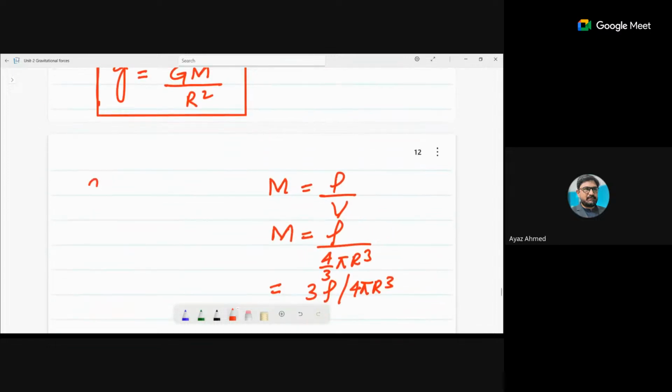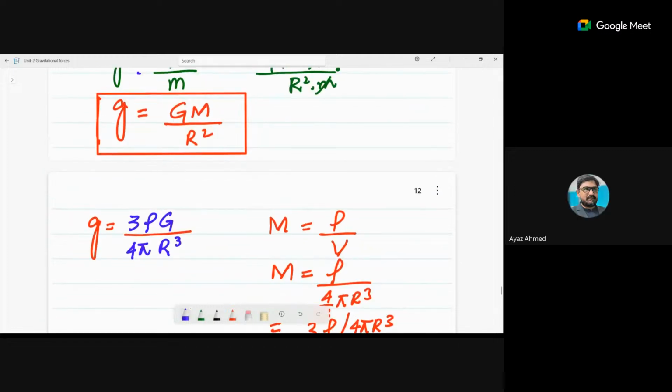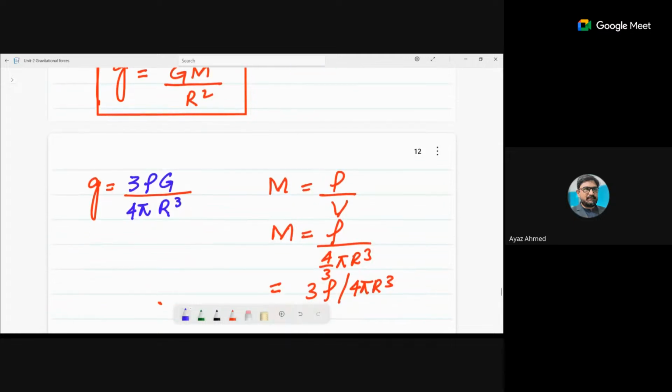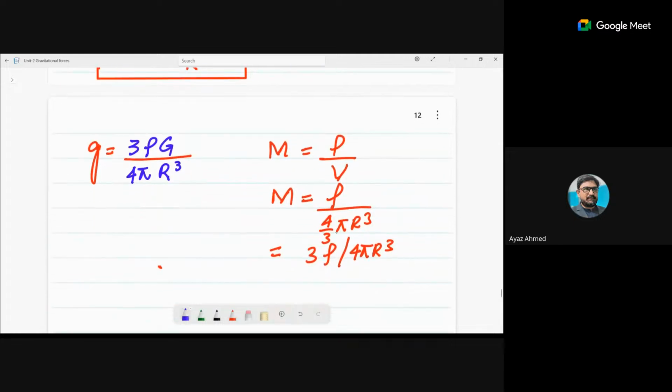Replace it here, and you will get the value of g as g into 3 rho divided by 4 pi r cube. Did I make a mistake in this 4 by 3 pi r cube?